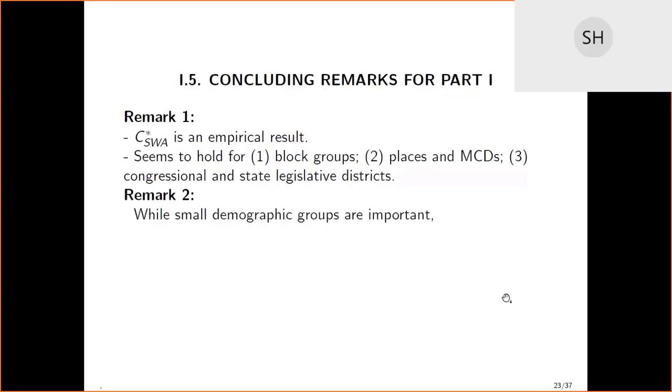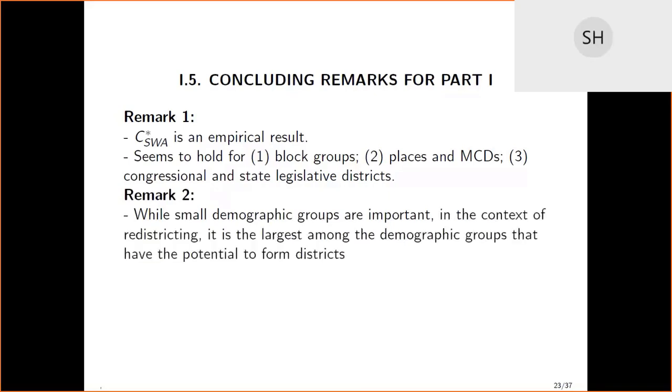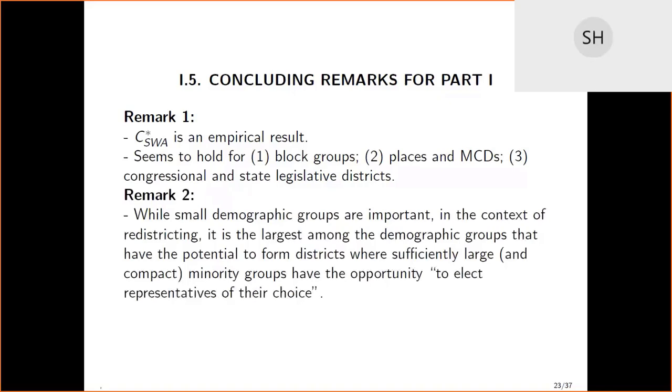Number 2, while small demographic groups are important, in the context of redistricting, we believe and understand that it is the largest among the demographic groups that have the potential to form districts where sufficiently large and compact minority groups have the opportunity to elect representatives of their choice. There are many criteria, but this is certainly one if one is concerned about redistricting plans. And there are many other aspects, but okay.